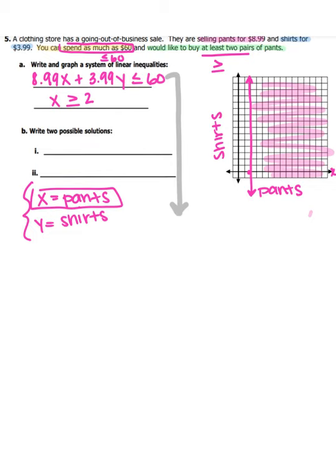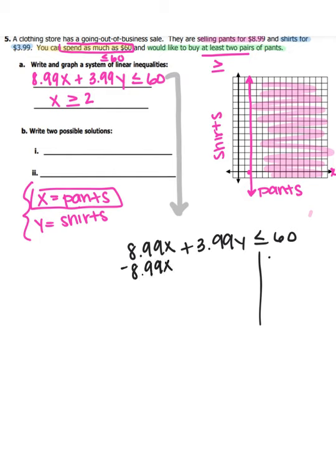For my other one, I am going to have to put it in slope-intercept form, which just means solve this baby for y. So your first step would be to subtract your $8.99 times x to the other side. That would cancel. So we'll have $3.99y is less than or equal to negative $8.99x plus 60.